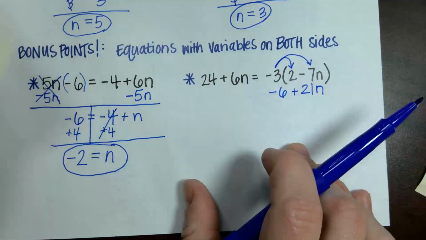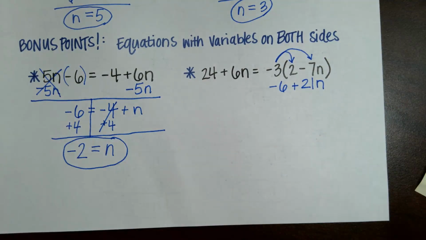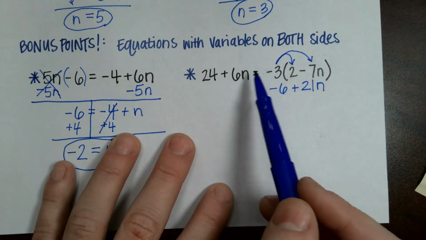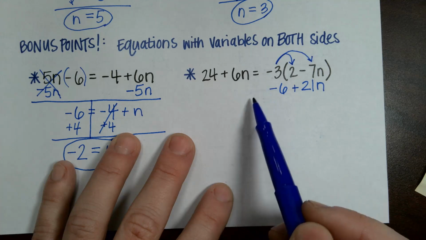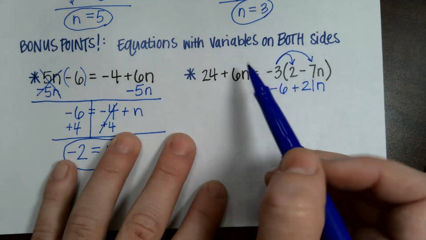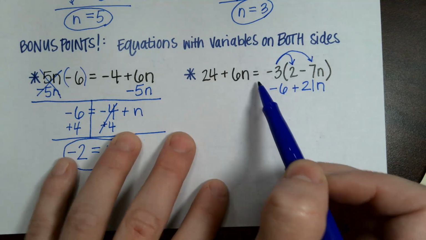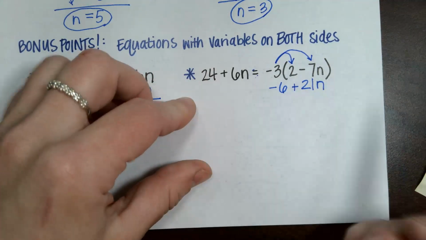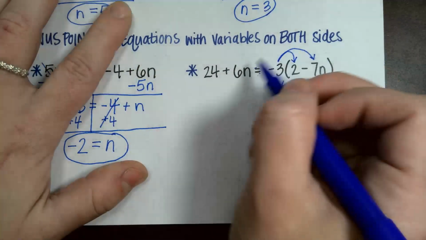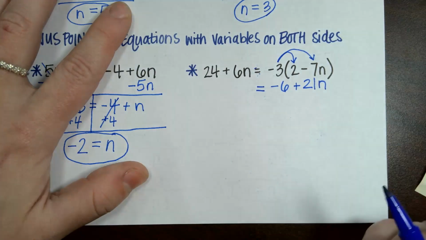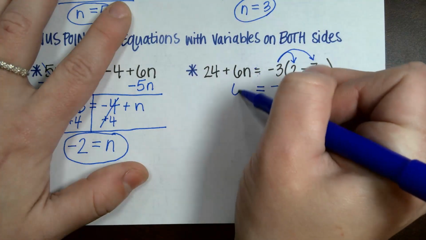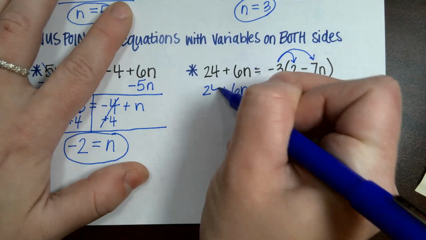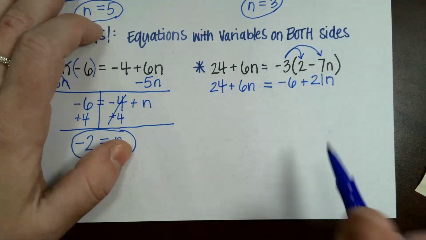So now I'm going to look at the rest of my equation. Once I've done the distribution, what do I do over here? You subtract 24. Absolutely, but before I subtract 24, I'm just going to bring it down so that everything's lined up nicely and I don't lose track of stuff. So I'll rewrite my equals 6n plus 24 there. Okay, perfect.